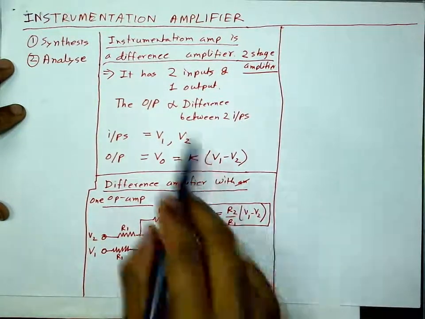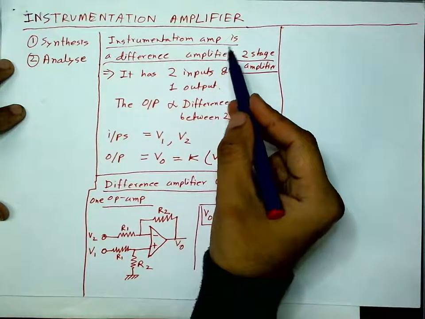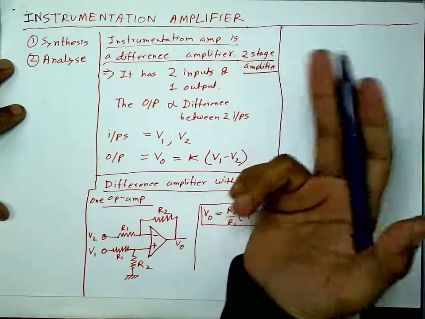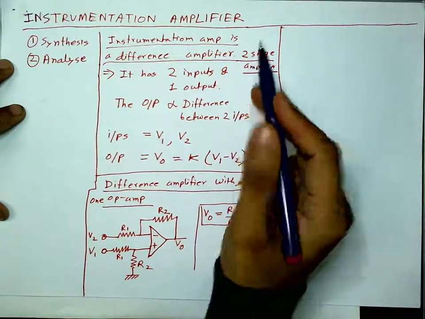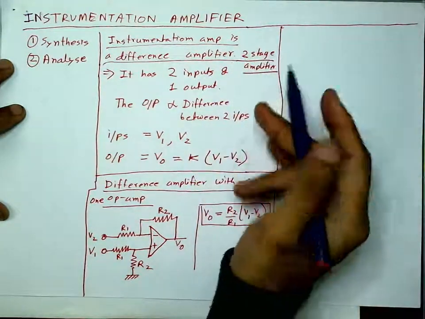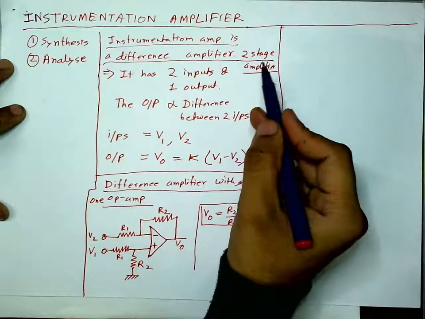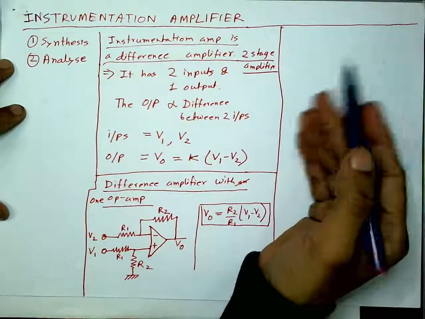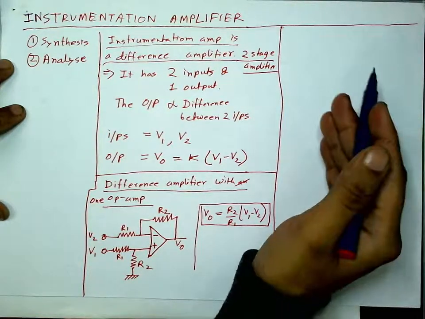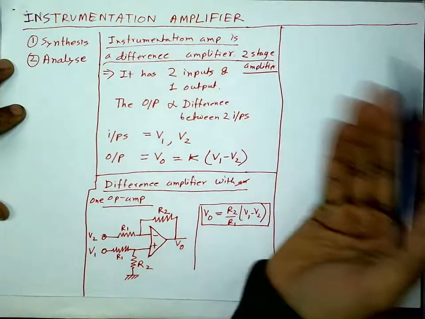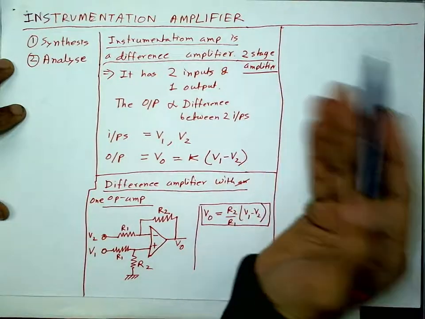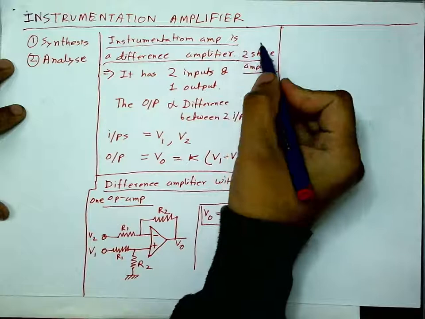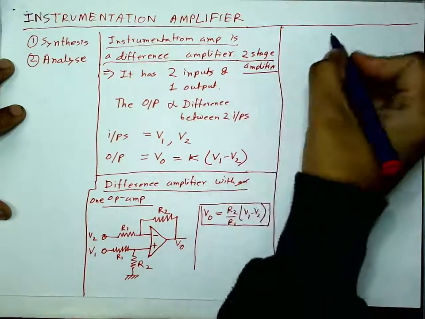Okay, so the difference between two voltages is amplified twice. Maybe in some part of the circuit it is amplified by 10 times, and then that voltage is fed to another amplifier which amplifies that difference again by 10 times, so that finally we have a 100 times amplification. So that's what is known as a two-stage amplifier. It's like this.